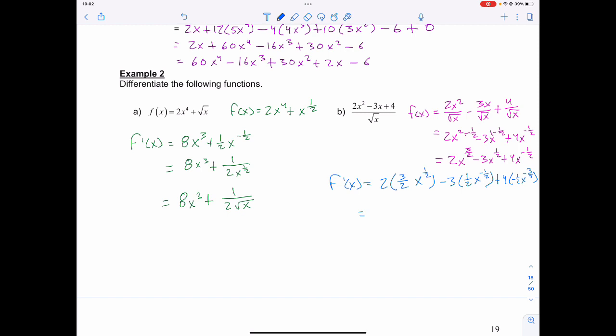Or 3x to the 1/2 minus 3/2 x to the negative 1/2 minus 2x to the negative 3/2.